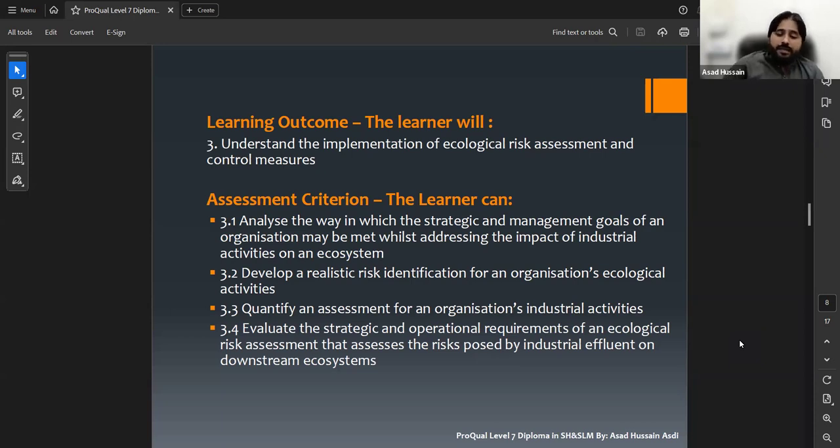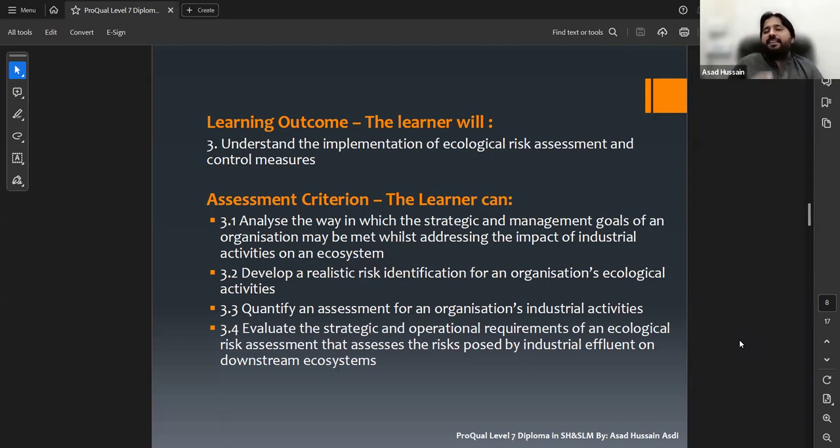The risk identification should be realistic and should be specific. So a learner, a candidate, or an organization or team of people should be able to develop a realistic risk identification for an organization's ecological activities.